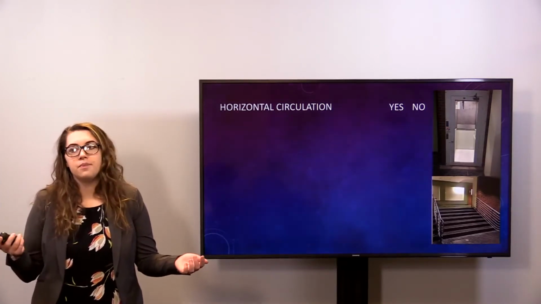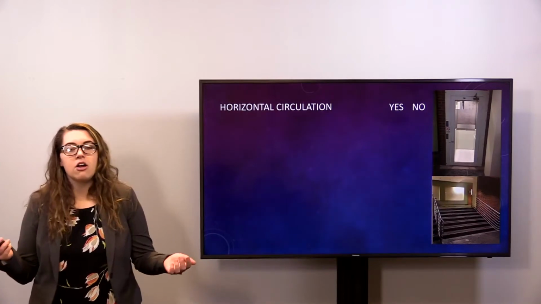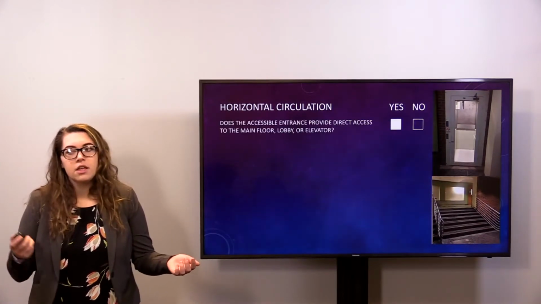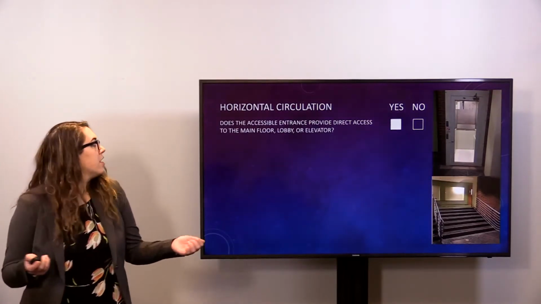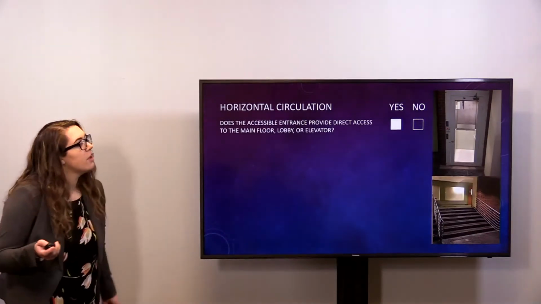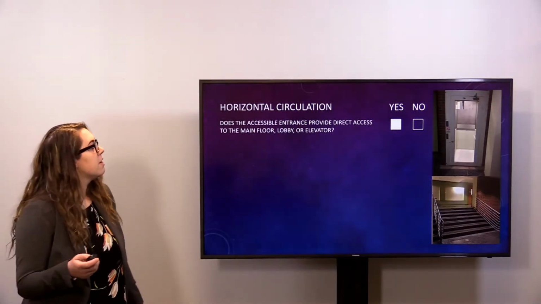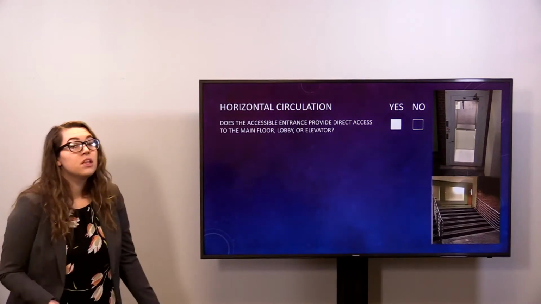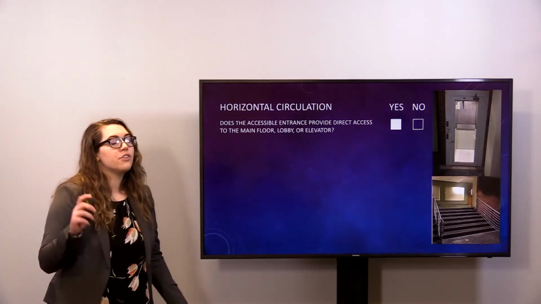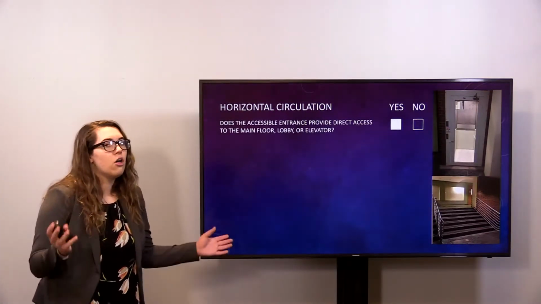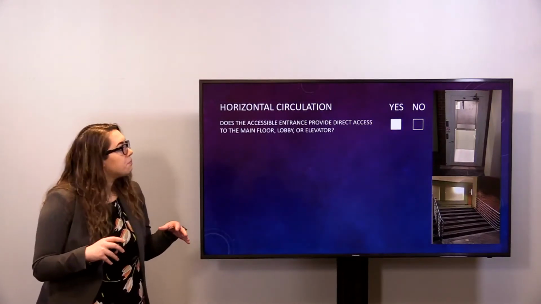So the first subcategory is horizontal circulation, and the first question is, do the accessible entrances provide direct access to the main floor, lobby, or elevator? The 3 accessible entrances all come into the main floor.